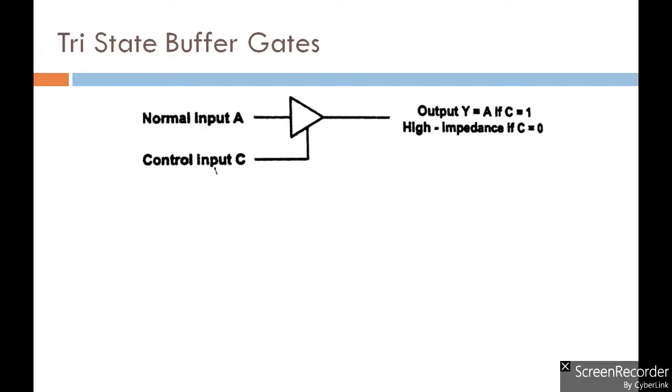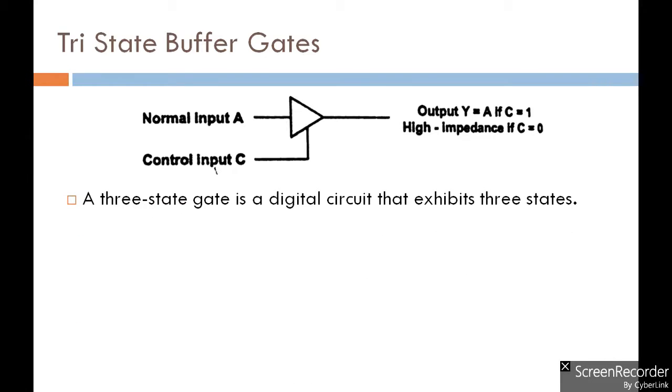Okay. Now let's move toward our next topic, that is implementing a common bus system using tri-state buffer gates. So first of all we will discuss what is a tri-state buffer gate. A tri-state buffer gate is a digital circuit that has 3 different states.